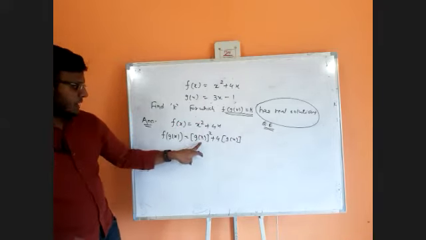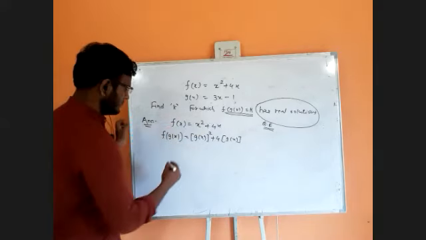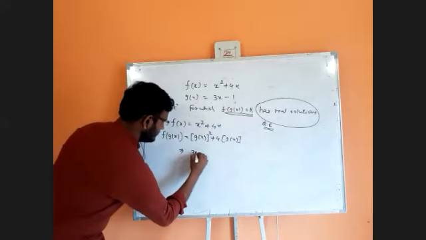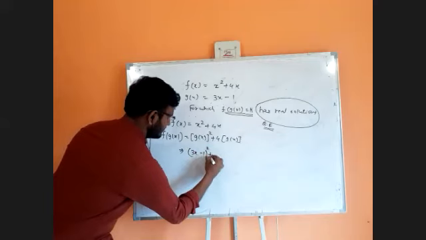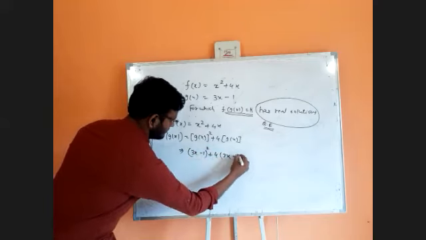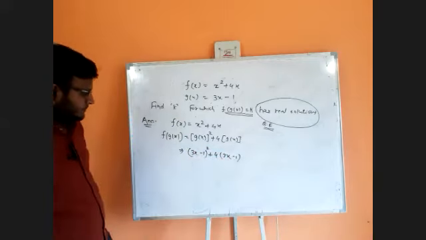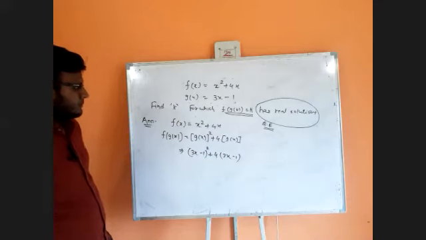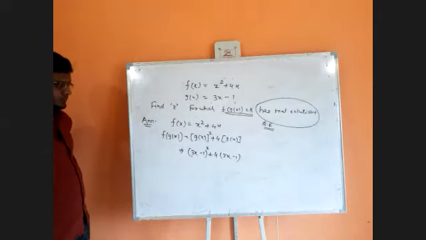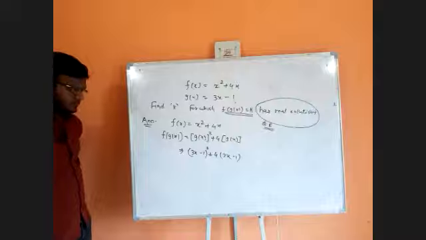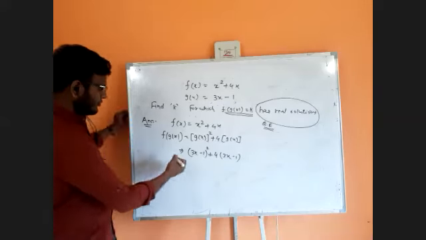Any doubt in this step? Now in the next step, I'll actually write the value of g of x, which is this. Any doubt in this step? Just check it again. Okay?